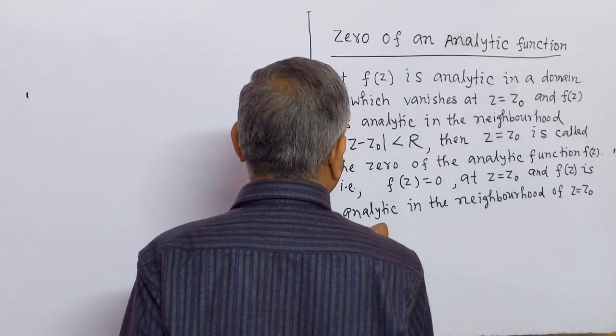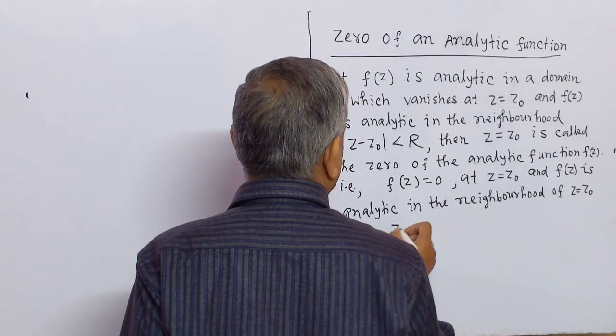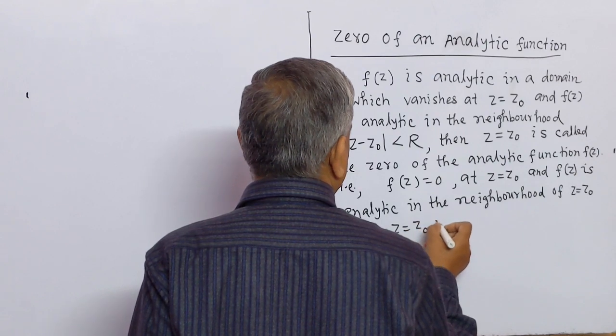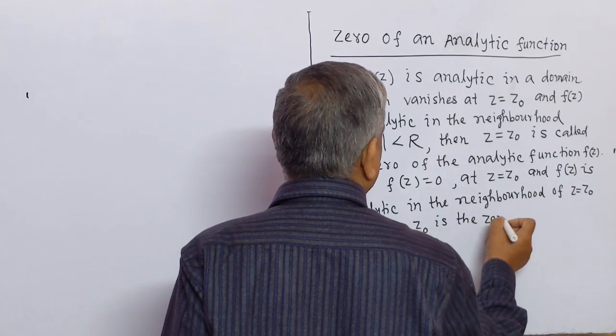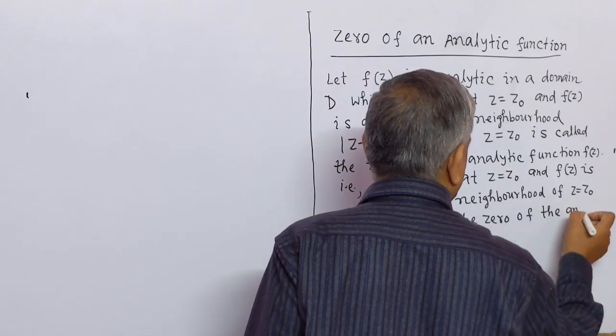Then z equal to z naught is the zero of the analytic function.